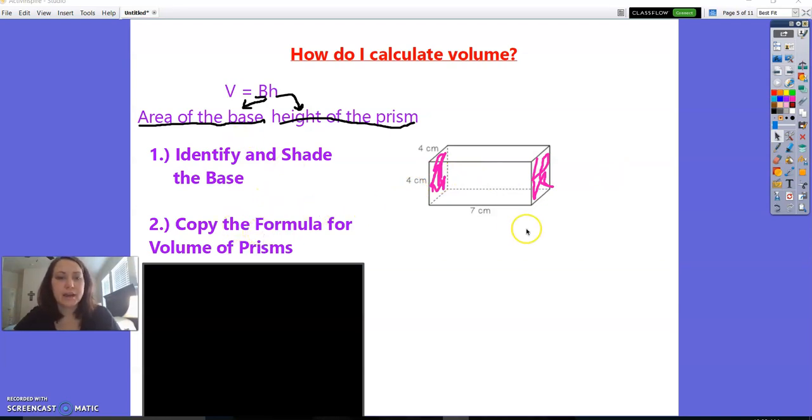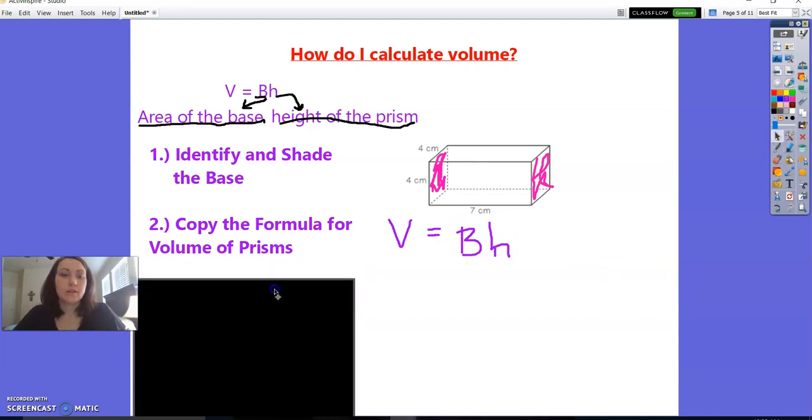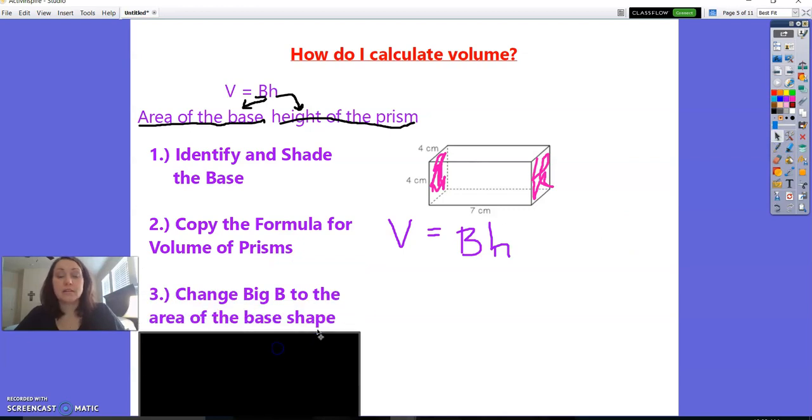So I've shaded in my two bases, and now we're going to start with copying the formula. So I have volume equals big B times H. On your paper, you're going to put that, and then we're going to work line by line, kind of like what you do when we're solving equations.